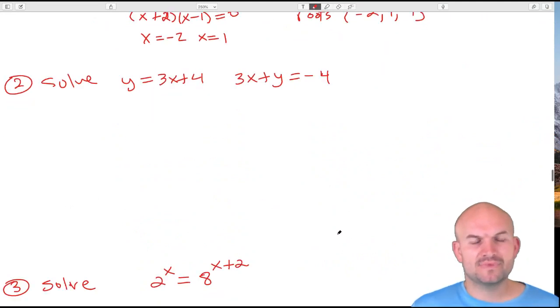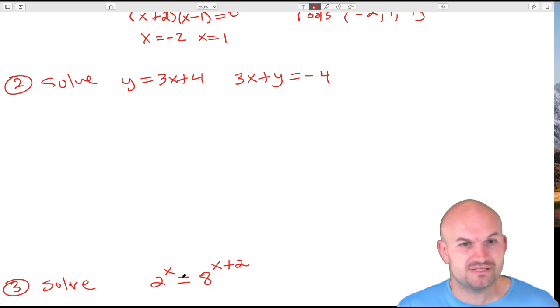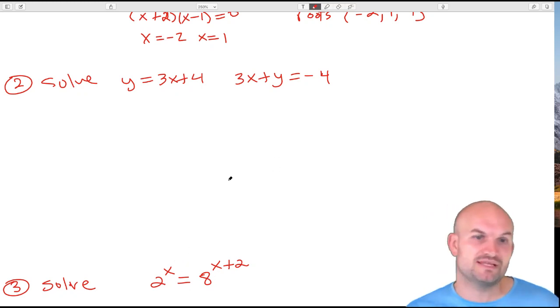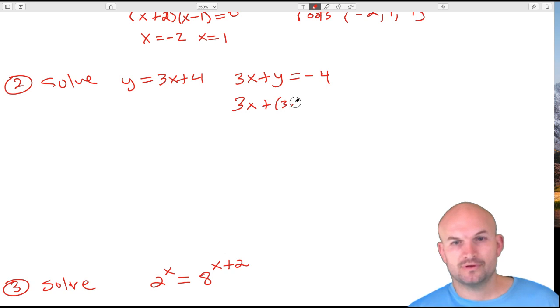All right, solving a system of equations. If I was given something like this, they didn't tell me how to solve it. So I am assuming that they want to do the fastest and easiest way. Since I already have y is equal to 3x plus 4, I am going to use substitution. So all I'm simply going to do is replace y with what y is equal to, which is 3x plus 4.